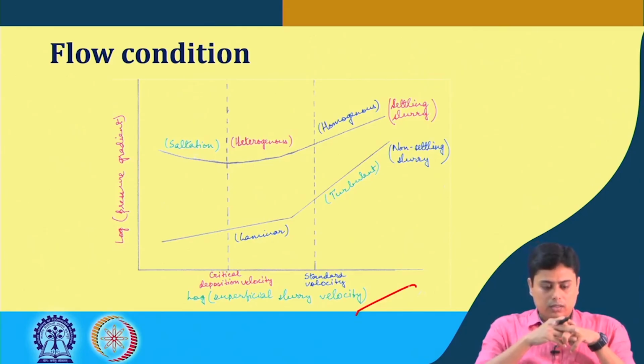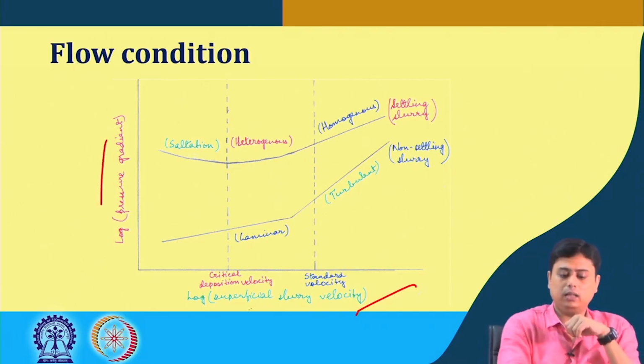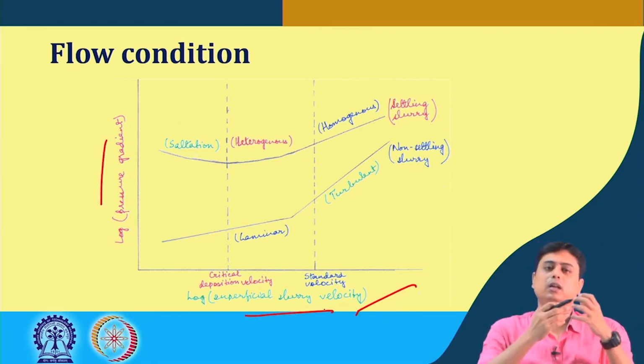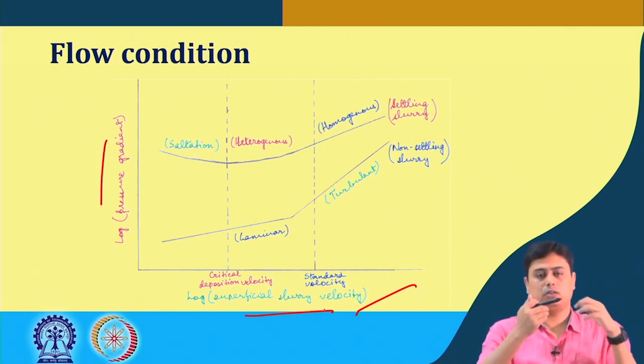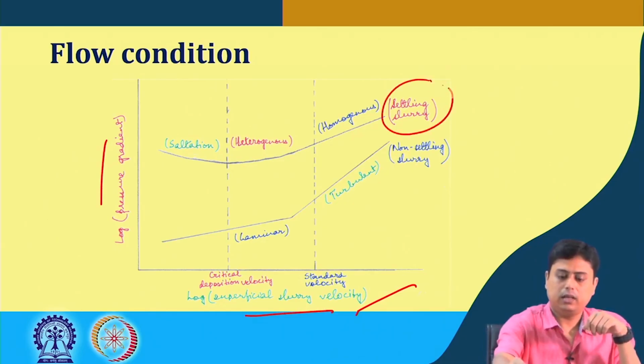Such information can be obtained from the log-log plot of the pressure gradient and the slurry transport velocity, or the superficial slurry velocity, which is the volumetric flow rate divided by the cross sectional area of flow. In this case, two lines are shown, one for the settling slurries and the other for the non-settling slurry.